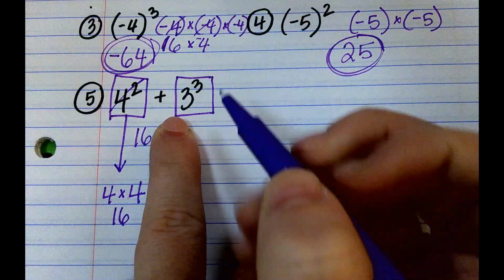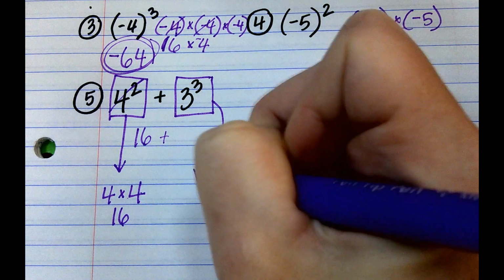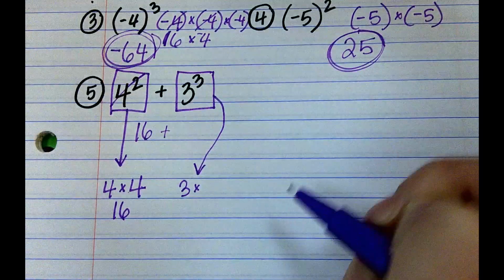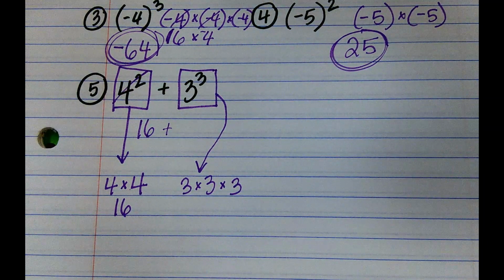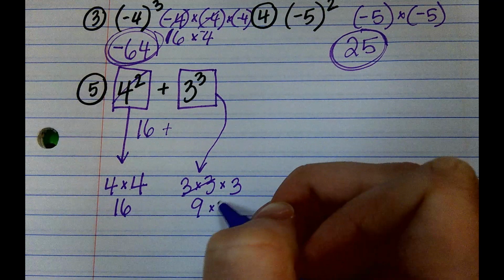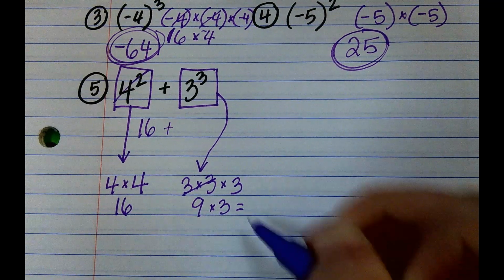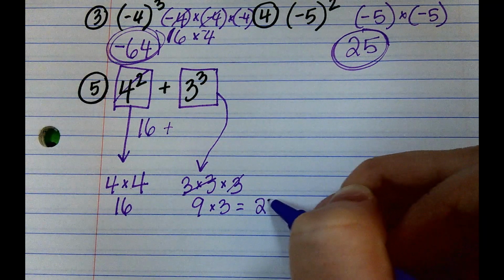And then you would do 3 times 3 times 3. 3 times 3 is 9. 9 times 3 is 27.